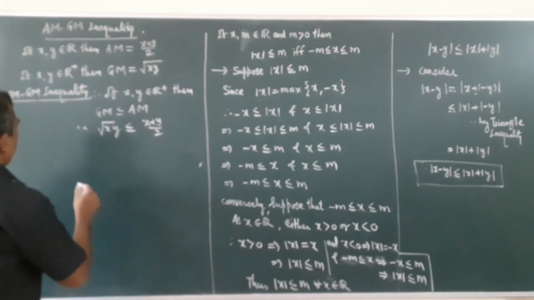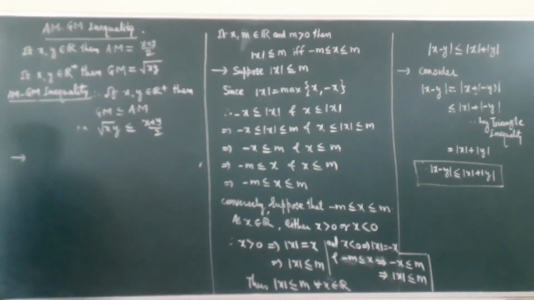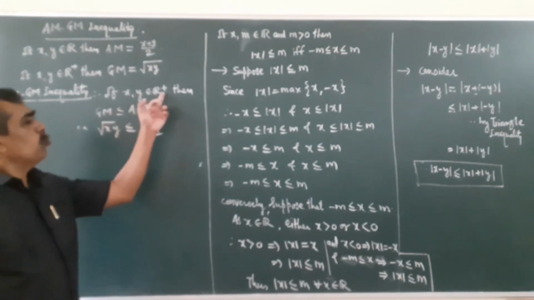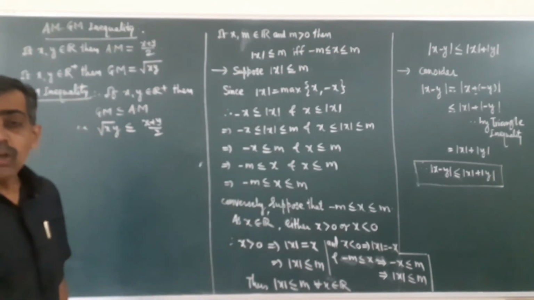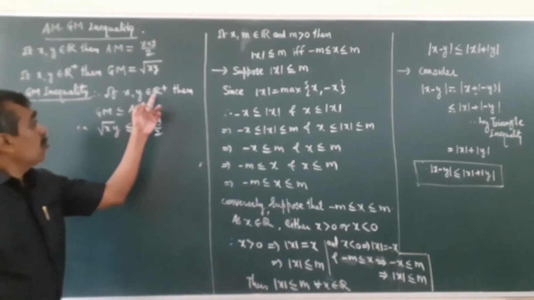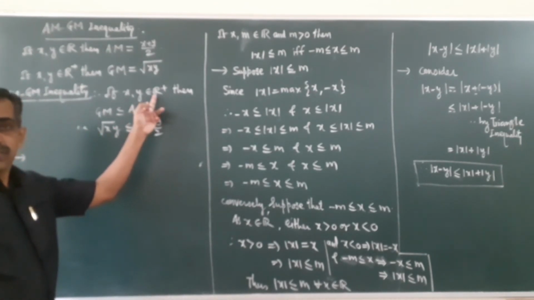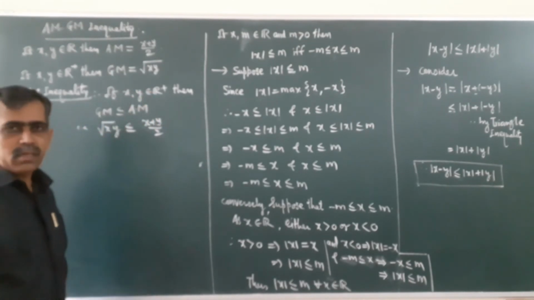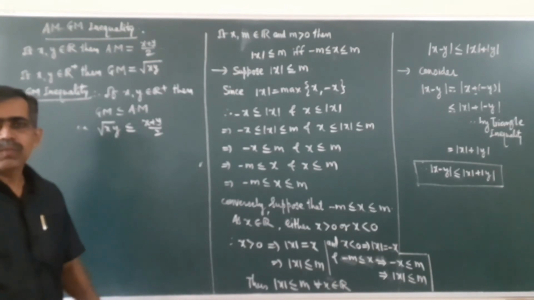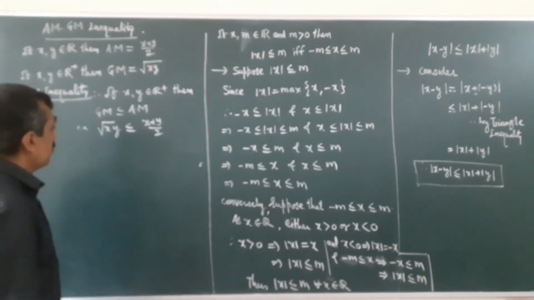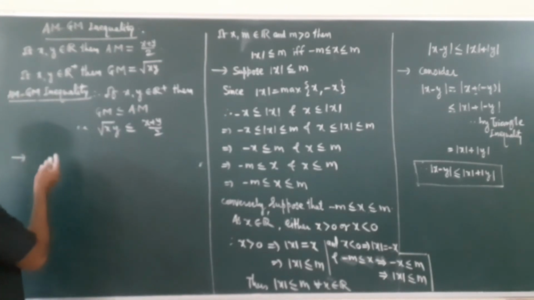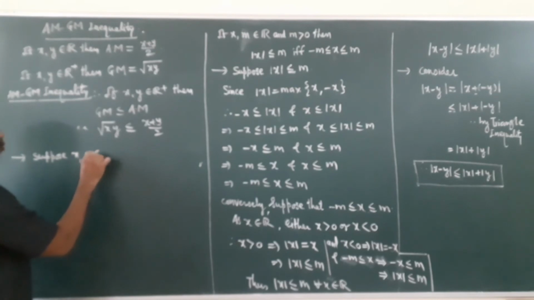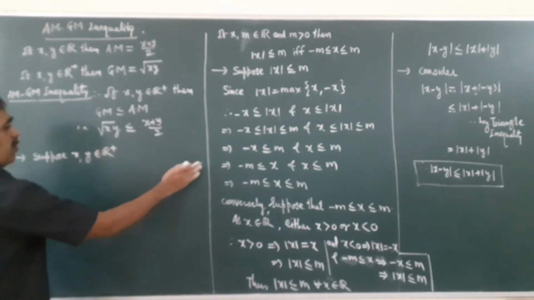See how to prove this. For any two positive real numbers, the geometric mean is always less than or equal to their arithmetic mean. The proof is very simple. Suppose x, y belong to R plus.